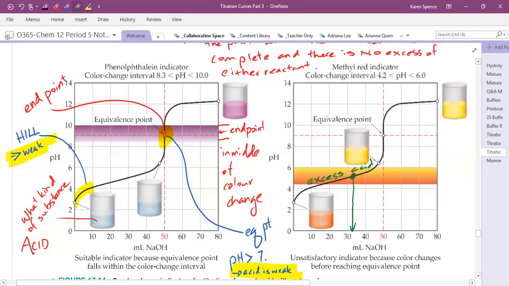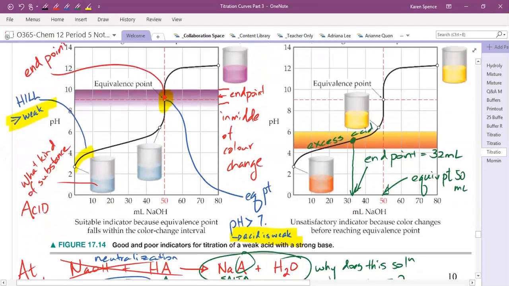So the end point at 32 milliliters does not equal the equivalence point, which is 50 milliliters. So you have to make sure that you choose an indicator that will actually change color where you want it to.